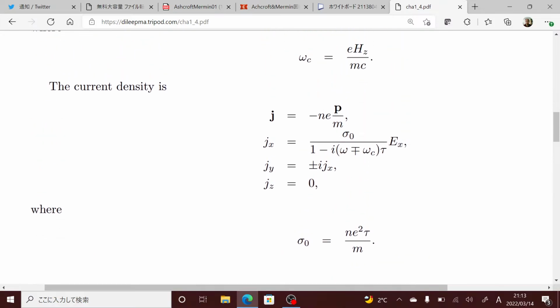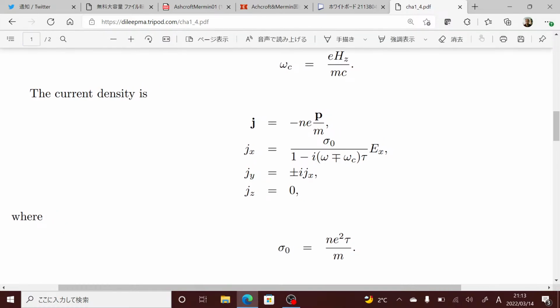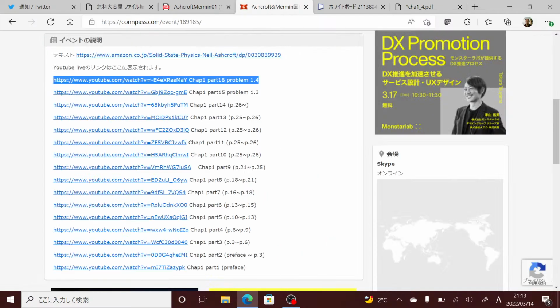I think the important thing is to understand what's going on, because now the situation is like this. This is H. The magnetic field is in the vertical direction, and the electric field is kind of strange. The electric field is perpendicular.